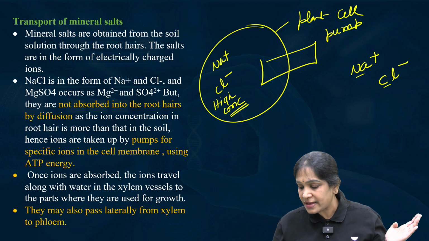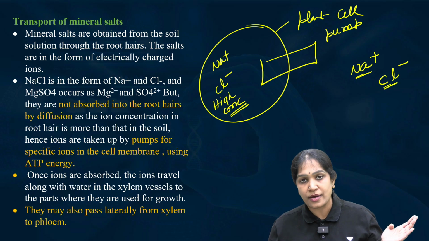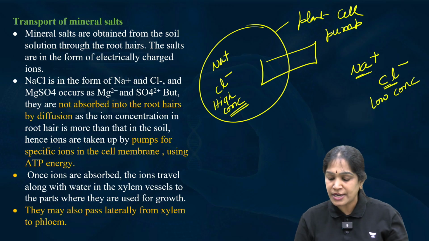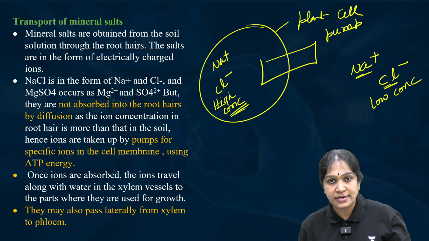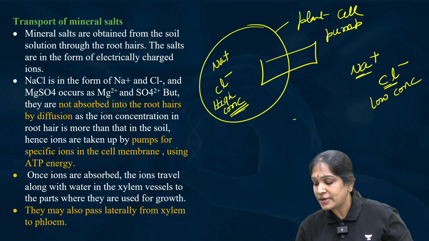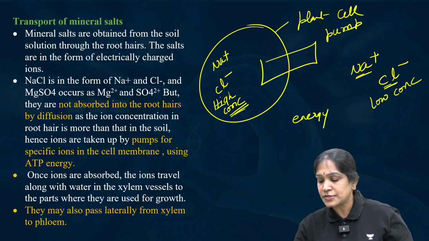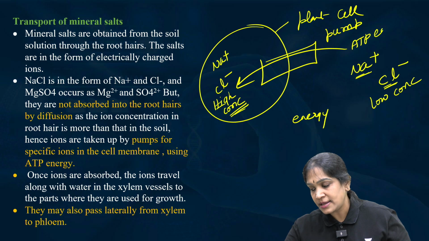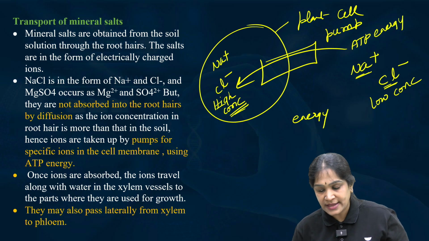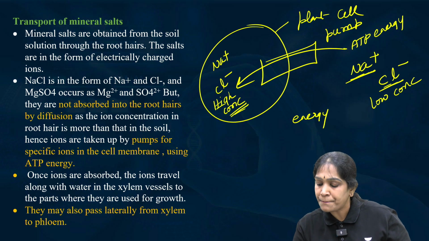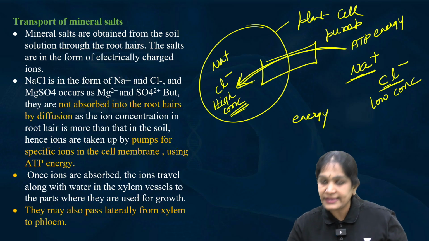Means now the sodium ion and chloride ion should come from the low concentration to high concentration. If you want to send anything from low to high, you need energy. So, utilizing ATP energy, sodium ion and chloride ion will be pumped into the plant cell.